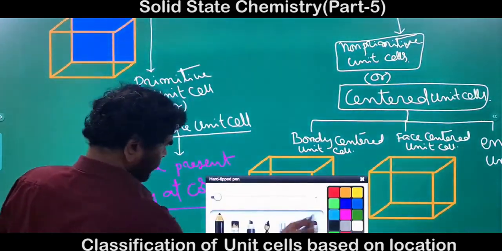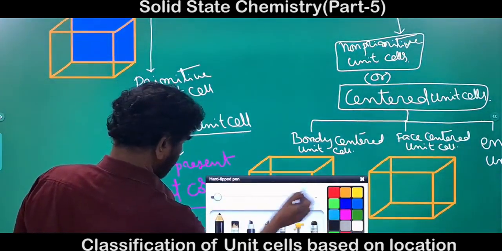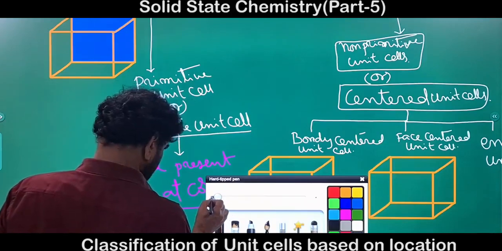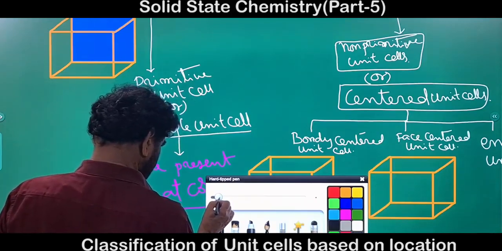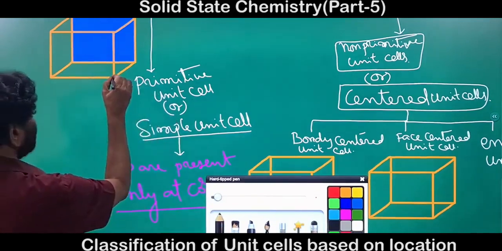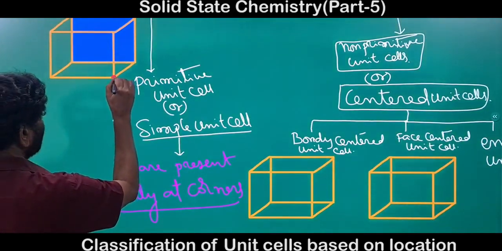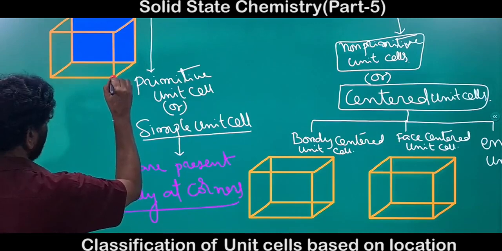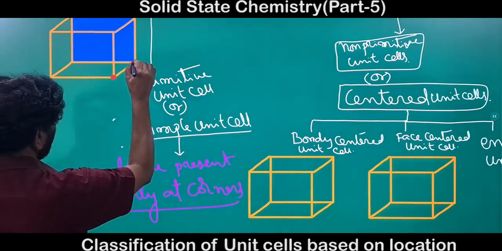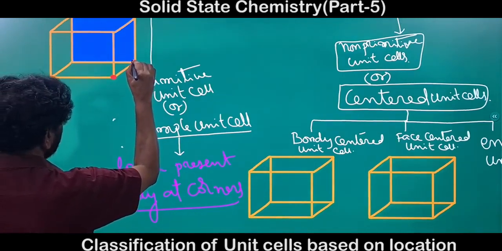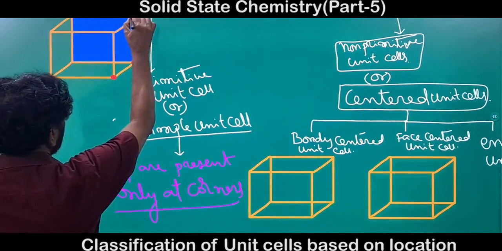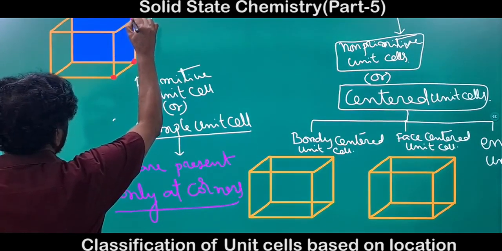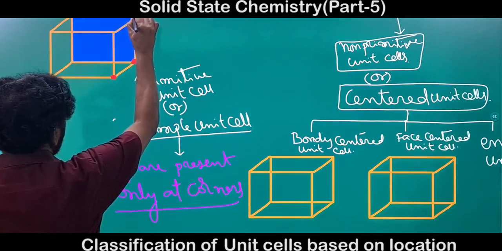Let me take this. This is the lattice point, a corner of the given cube. This is the unit cell, not the cube. It need not be a cubic system; it can be a cuboid or anything.